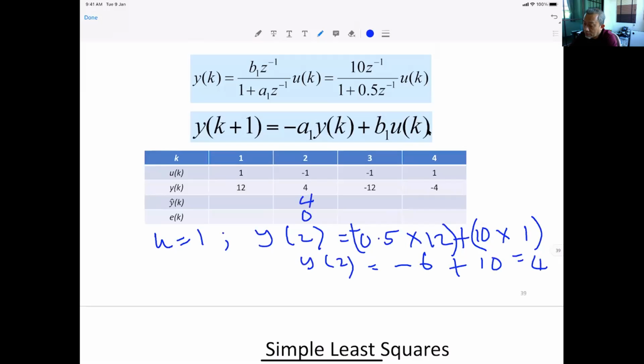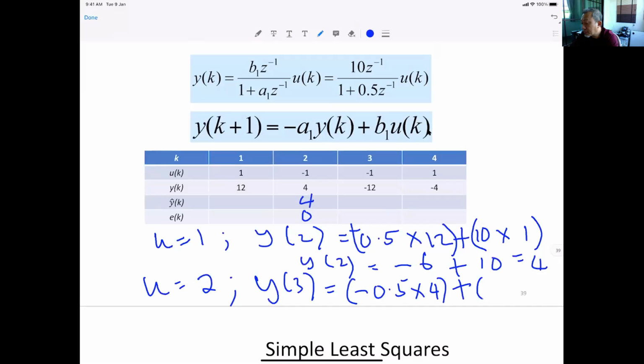So the error is 0. The next one is K is equal to 2, so Y will be Y3. Same coefficients, minus 0.5 multiplied by Y2, Y2 is 4, plus B1 is 10 multiplied by U2.